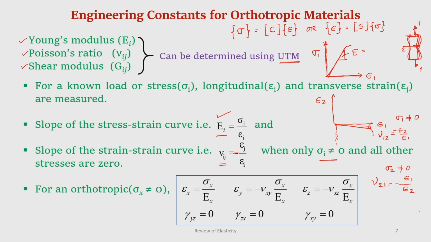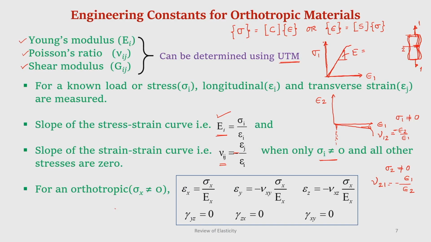Now, for an orthotropic material, we are trying to correlate the elastic constants with the engineering constants. So, using our knowledge of stress strain relationship, suppose we have an orthotropic material, and for the time being this is x, y and z.